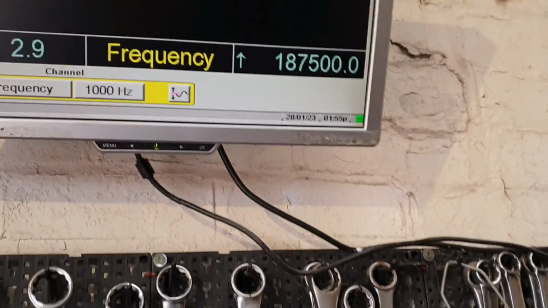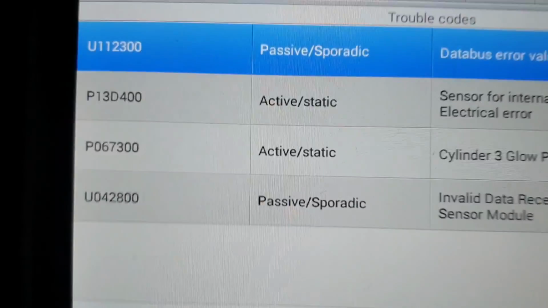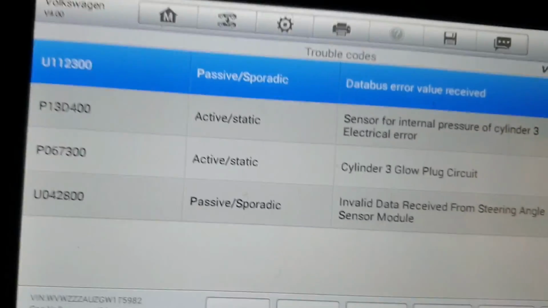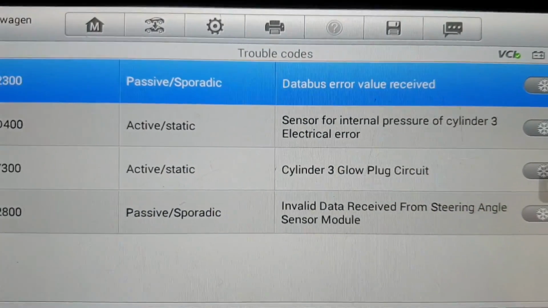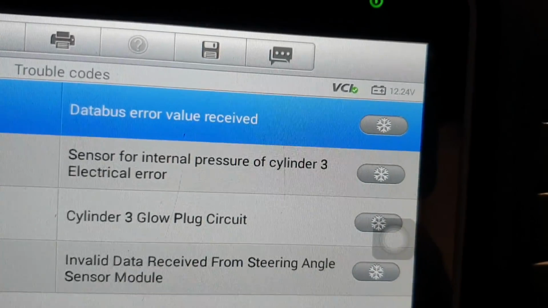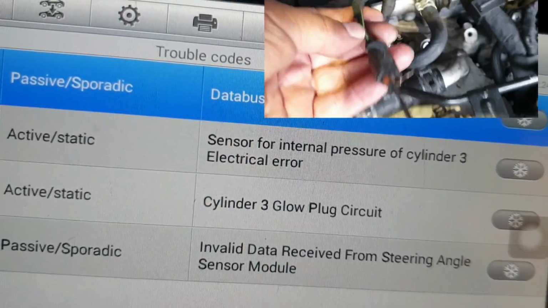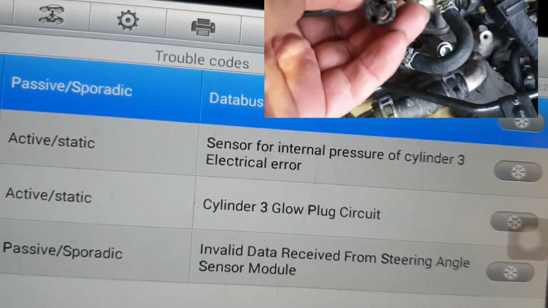And now I'm going to show you that the engine management light is off. Okay, as you can see, we no longer have the mass airflow sensor fault code. These are the fault codes: one is for the steering angle sensor, that is because the battery was disconnected, and the other is the cylinder 3 glow plug circuit, as I have shown you that the connector is broken.